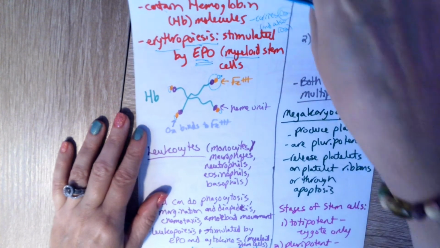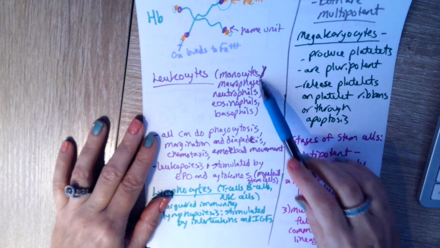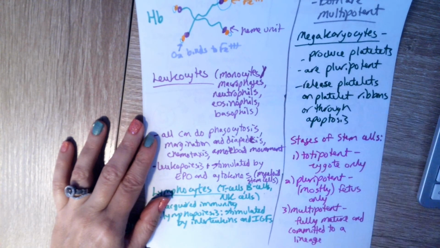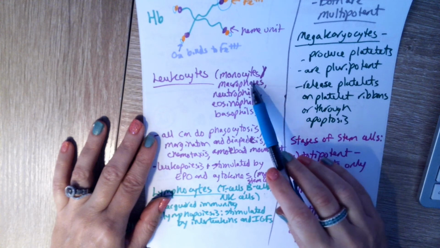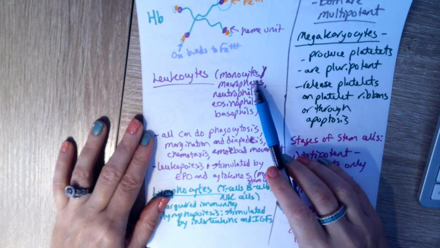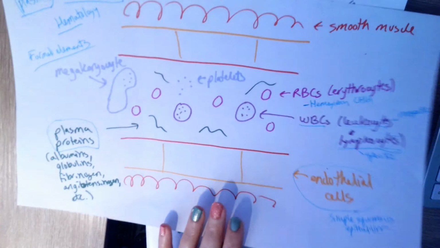Okay, so before we get on to the stem cells, let's look at our leukocytes. These are the types of leukocytes. Monocytes and macrophages are the same cell type, but it's just where they are. They're called monocytes when they're in the blood. When they leave the blood and go out into the tissue, they're called macrophages. All white blood cells can do this, by the way, leave the blood and go out into the tissue.